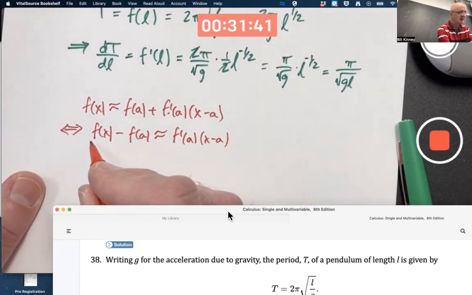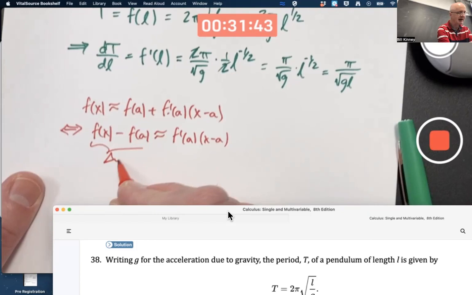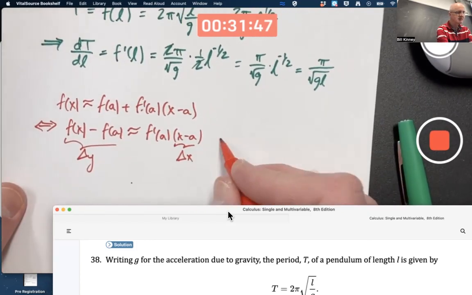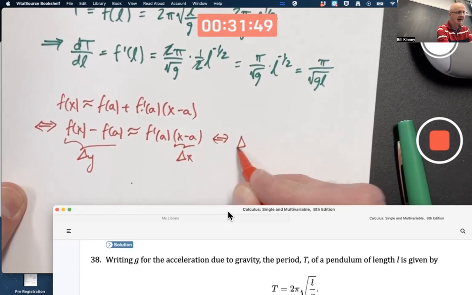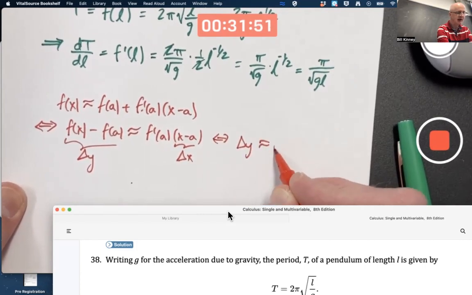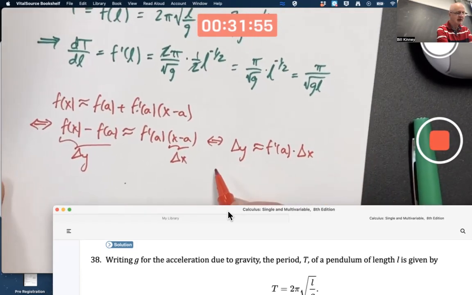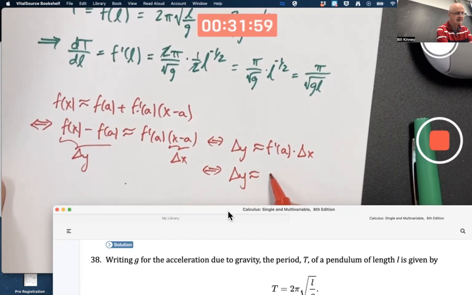And guess what? That's often called delta y, and this is often called delta x. So this can also be written as delta y is approximately f prime of a times delta x, or if you use Leibniz notation, delta y is approximately dy dx times delta x.